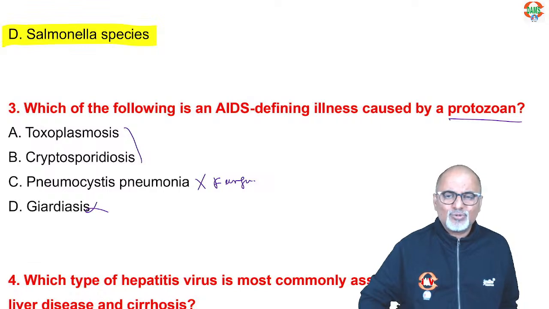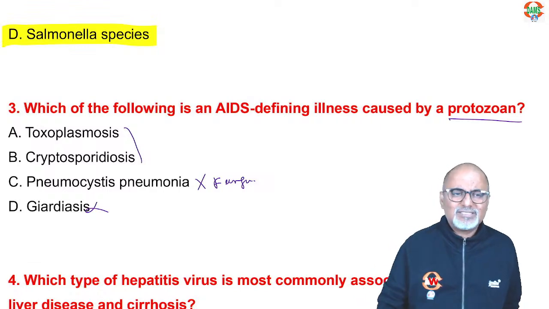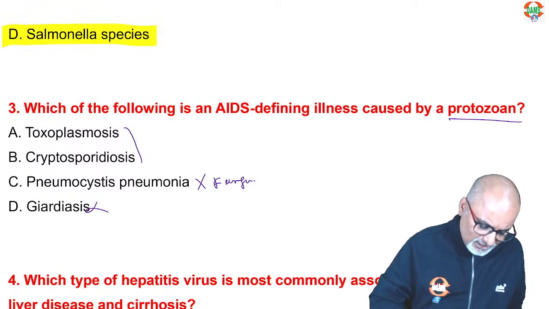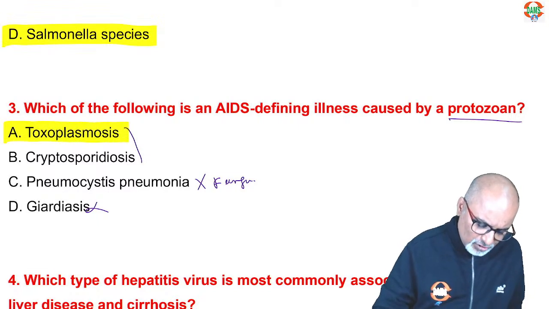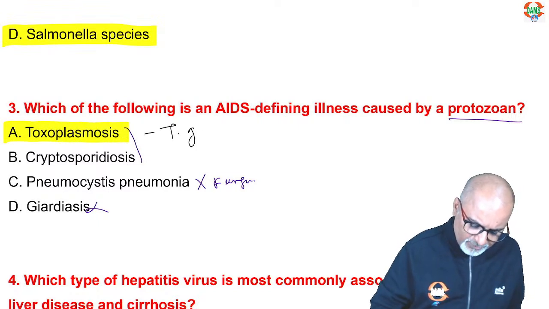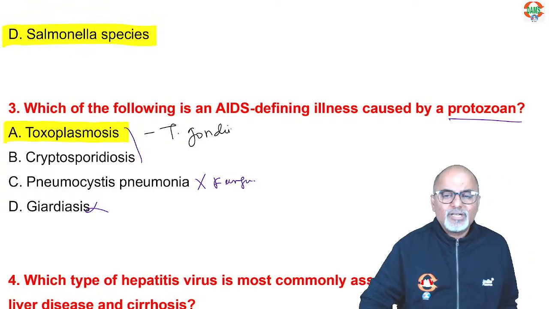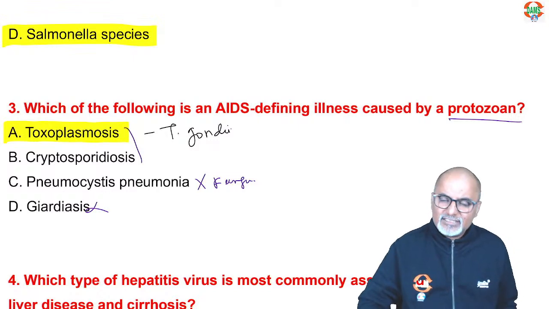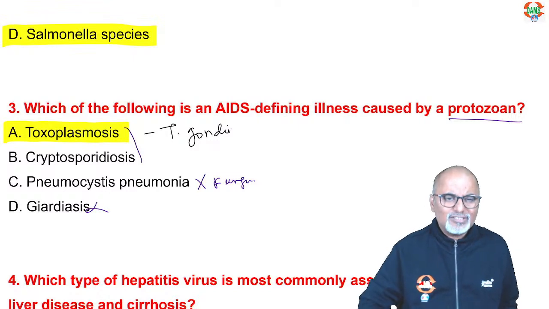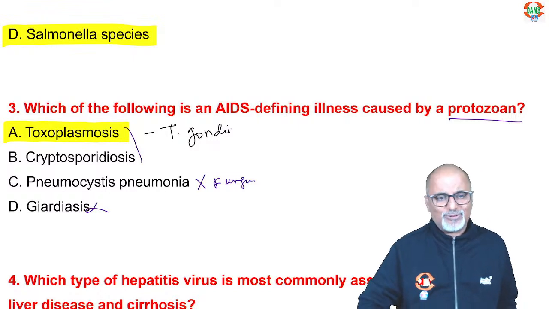But among these two, the most consistent is toxoplasmosis, caused by Toxoplasma gondii. Cryptosporidium is also AIDS defining, but if you go for the best choice, go for toxoplasmosis. If toxoplasmosis is not there, go for cryptosporidiosis.